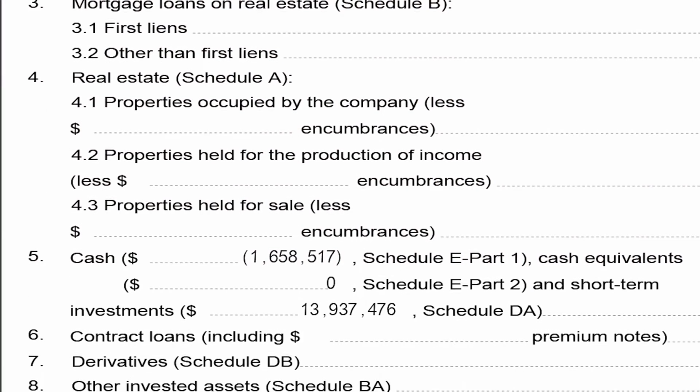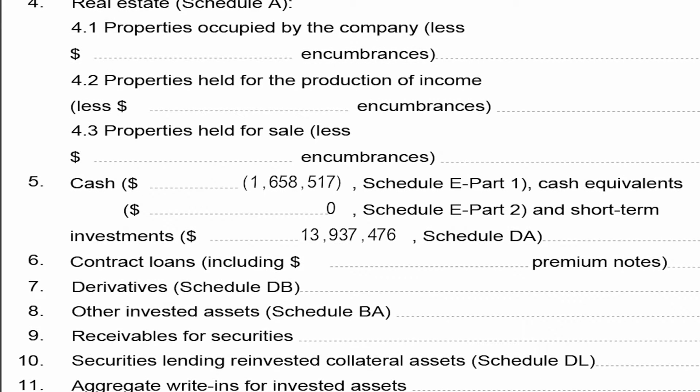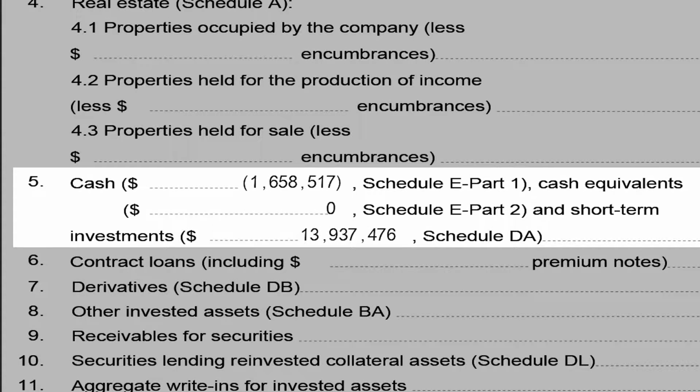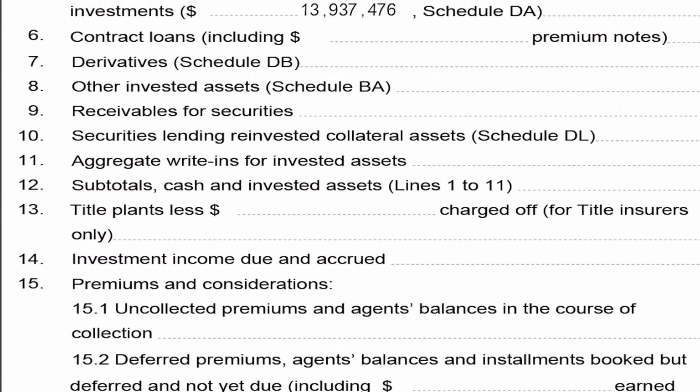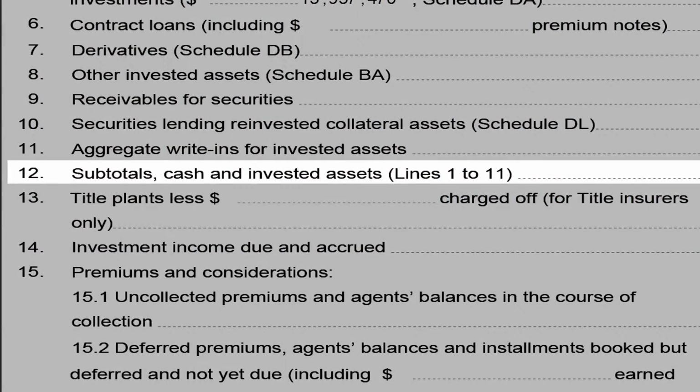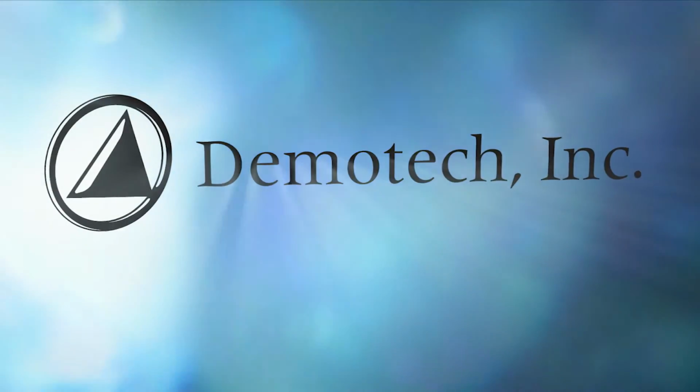Let's move down to line 5. You'll see that there is a line in there for cash. Here again, it's all about the liquidity of these assets, their availability to ultimately pay claims and demands on the insurance company. Line 12 is subtotals, cash and invested assets. That's the total of all the invested assets.